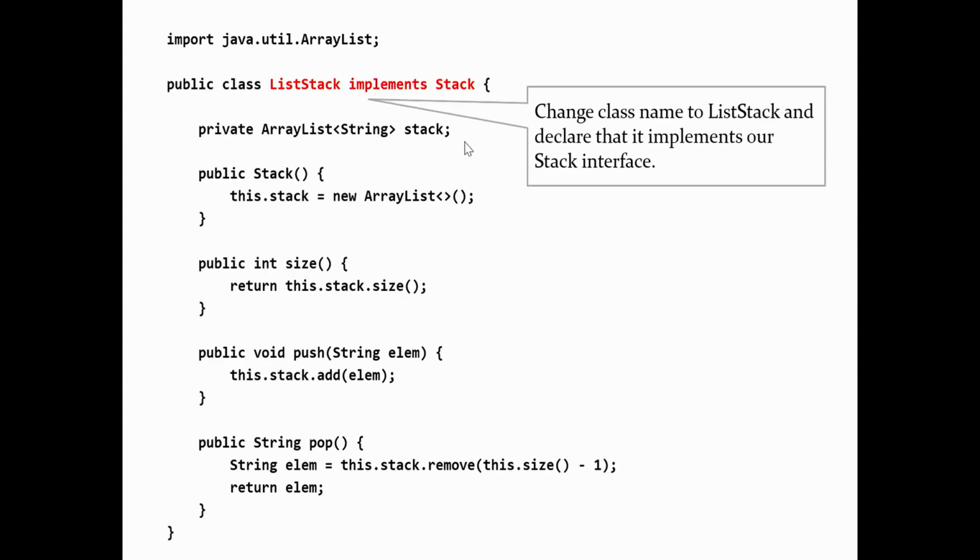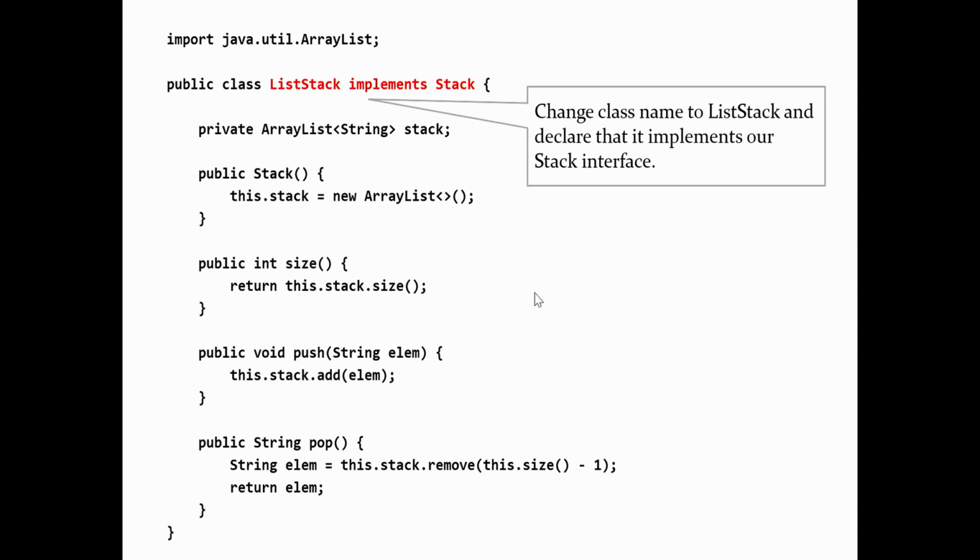Okay, so let's go ahead and make our list-based stack. I want to change our original list-based stack implementation so that it now implements the stack interface, and it's easy. Our previous class called stack now becomes list stack. It implements the stack interface. All of the methods that were already there are also in the interface, so we're done.